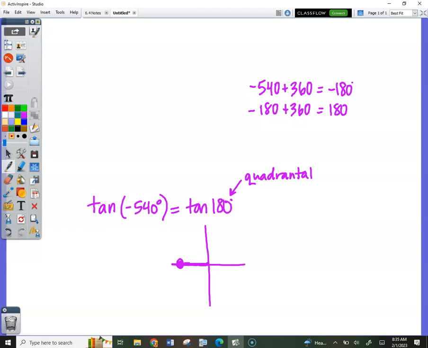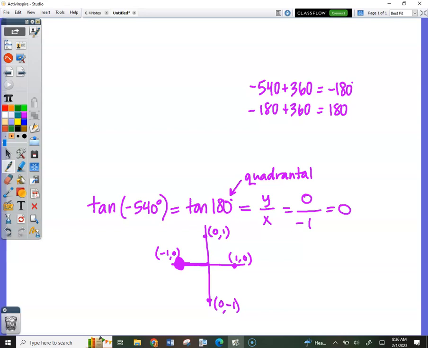Those coordinate points are either 0, 1, 1, 0, negative 1, 0, or 0, negative 1. This is the one that it lands on. Tangent means y over x, so it would be 0 over negative 1, which is 0. Now, could that have been reversed, it would be undefined. Okay, so that one didn't have a reference angle.